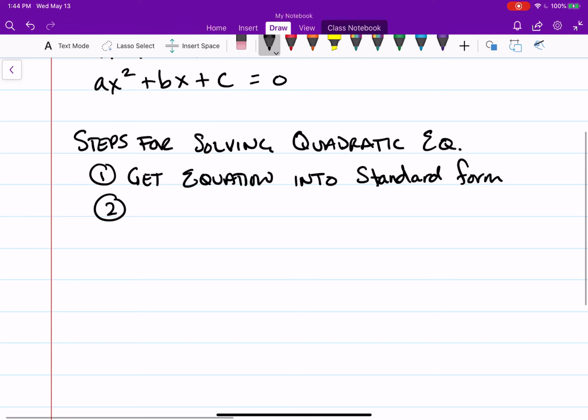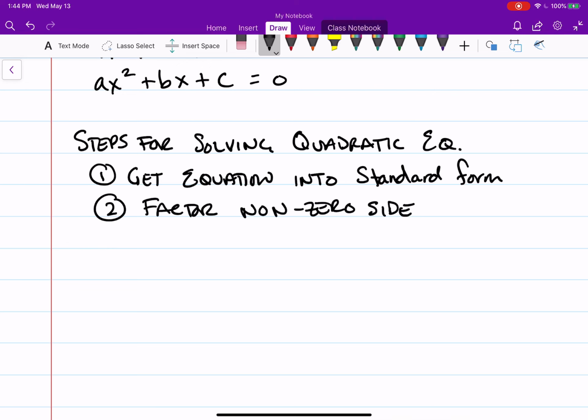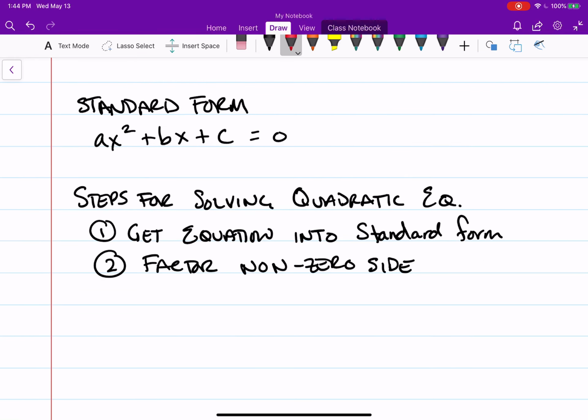Two, factor the non-zero side. And this would be the non-zero side because it's not equal to 0. Okay.